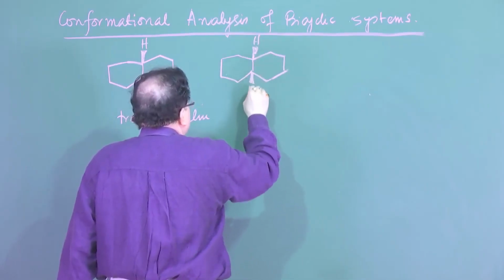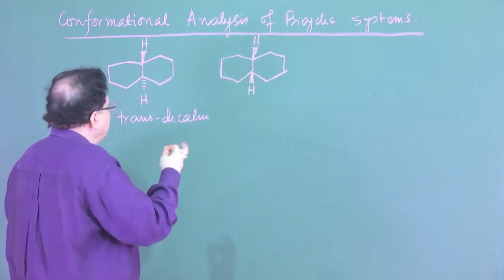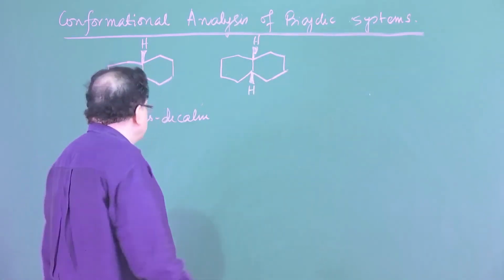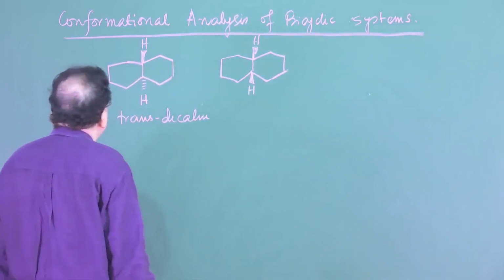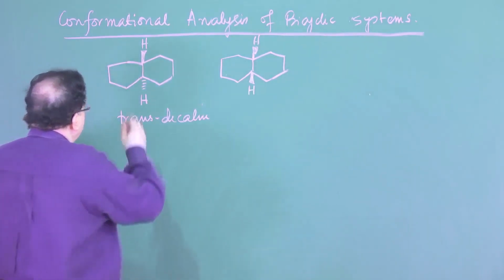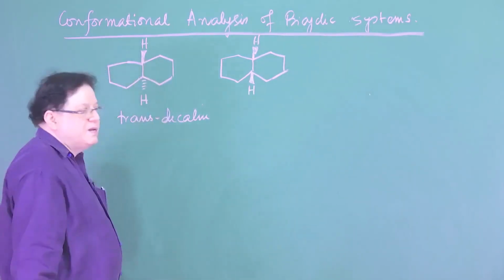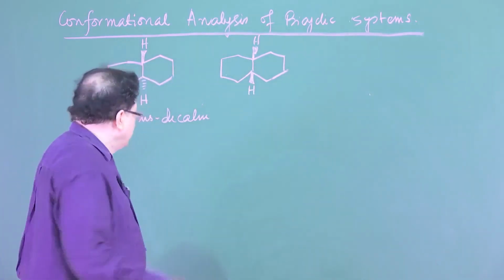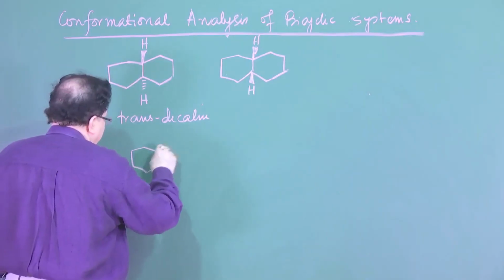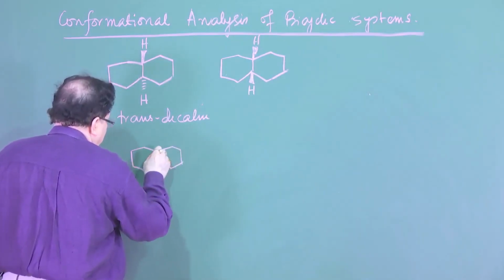Now, before I go into the details of their conformations, just one quick note about the convention. The convention is that whenever a hydrogen is beta, you write this as a dark circle.